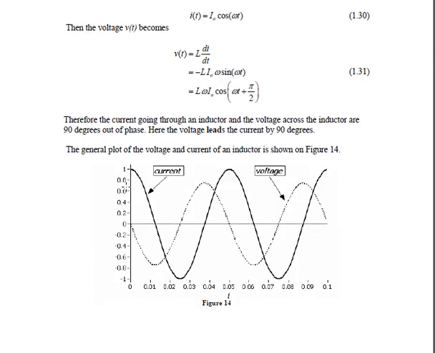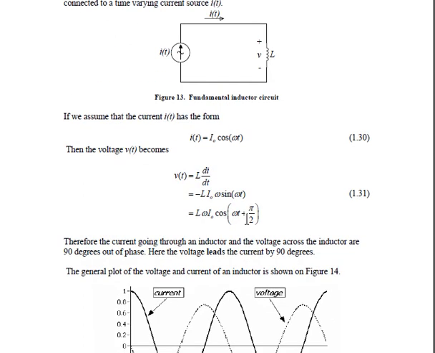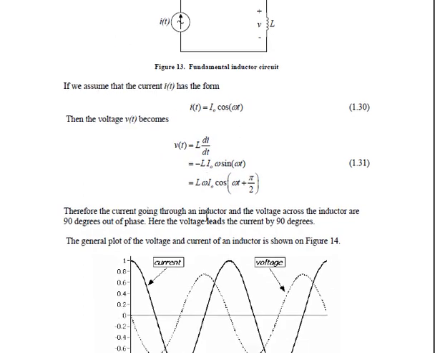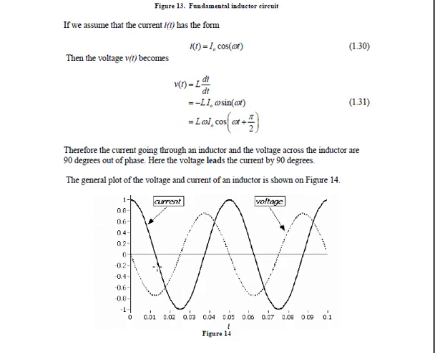Now, if we take the graph of that current and the voltage, the current is purely cosinusoidal, and the voltage is purely sinusoidal. This is opposite to what we learned in our previous topics for the capacitor, where the voltage and the current have the opposite shapes. Here the current is cosinusoidal and the voltage is sinusoidal.